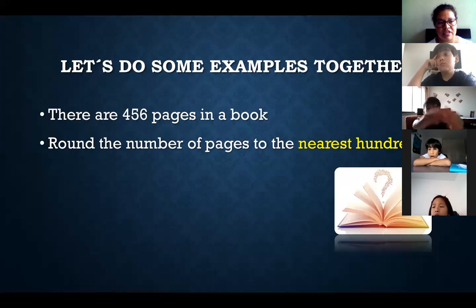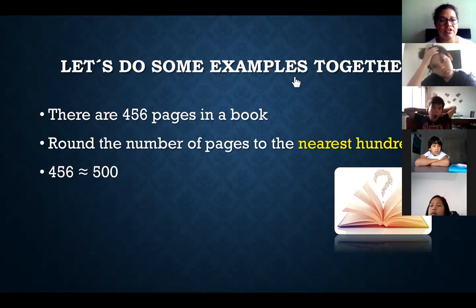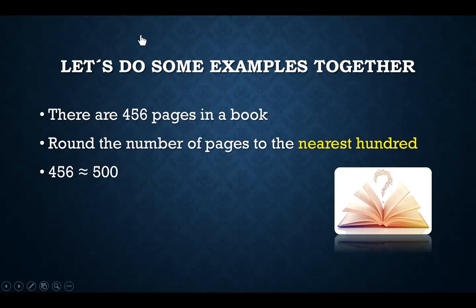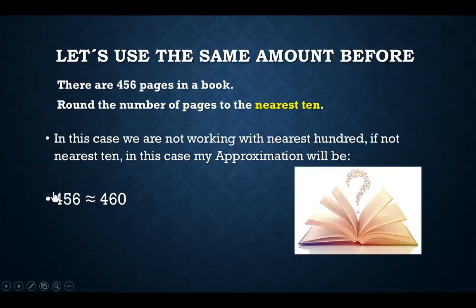Okay, let's go on to the next one. Right here is the way we need to estimate this. This is the right way. This is the same example, but remember, there are 456 pages in a book.